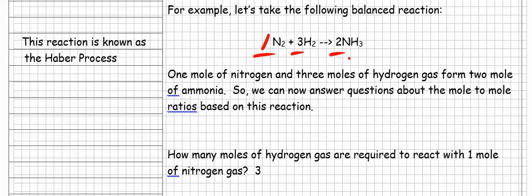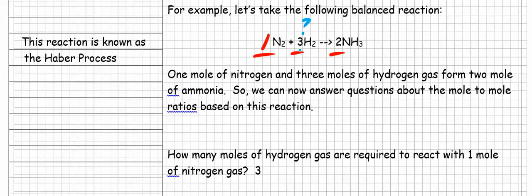So let's start with this question. How many moles of hydrogen gas are required to react with 1 mole of nitrogen gas? Well, that's pretty straightforward. The question is how many moles of hydrogen are necessary? I'm going to put a question mark right here. I always like to put a question mark above what I'm looking for, and that way I take the words and convert them to a symbol, right?